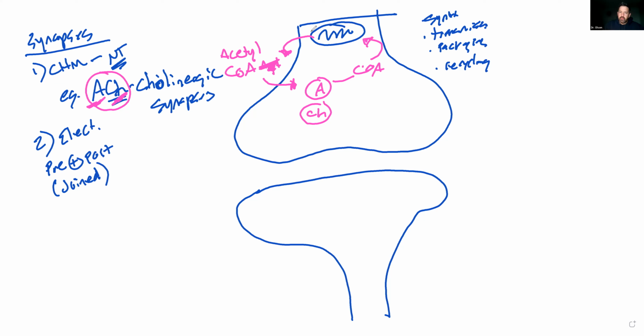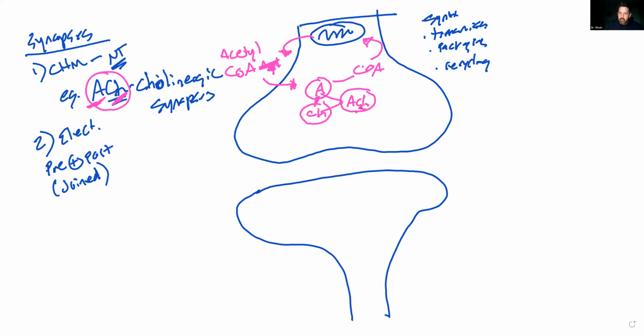So you get acetyl CoA, you break off the CoA, send it back to the mitochondria, and then you attach the acetyl to a choline molecule, and then these two become acetylcholine.